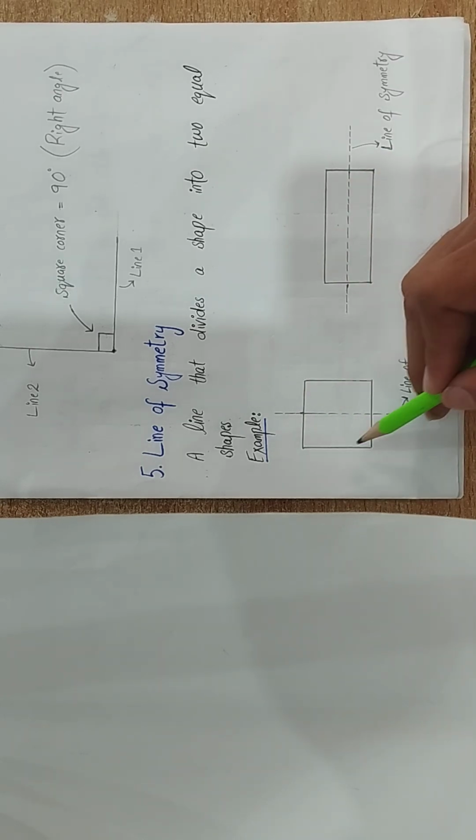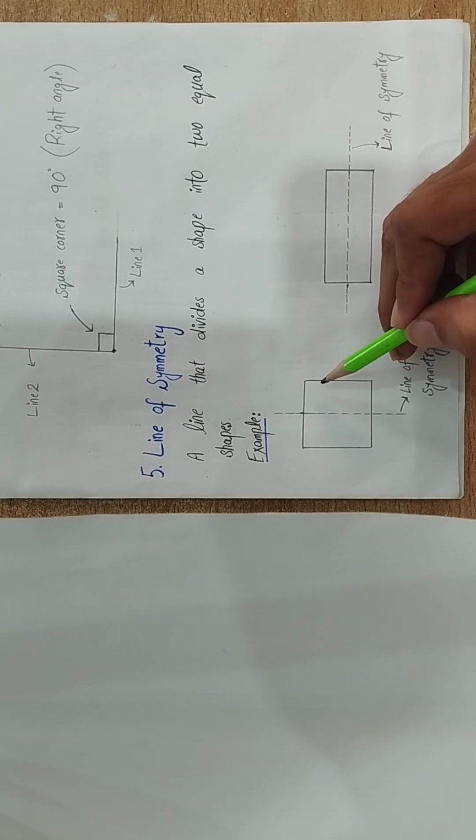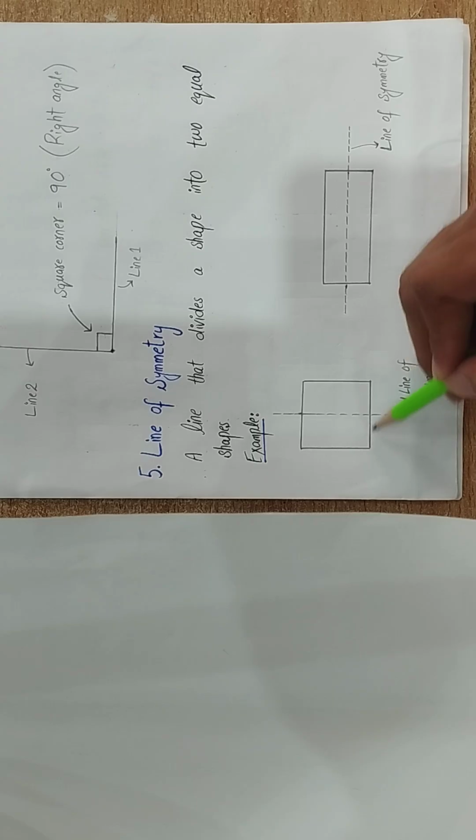Here I have drawn a square shape. A square shape means a shape having four equal sides. So this one is a square shape.